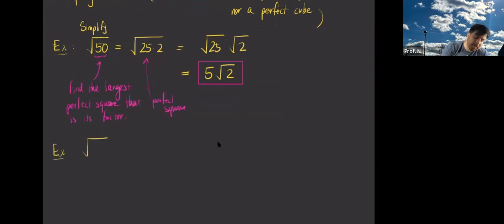How about the square root of 80? How can I break that down? What are the factors of 80 where one of the factors is a perfect square? The only one that's possible is 16 and 5. 16 times 5 is 80, and 16 is a perfect square.